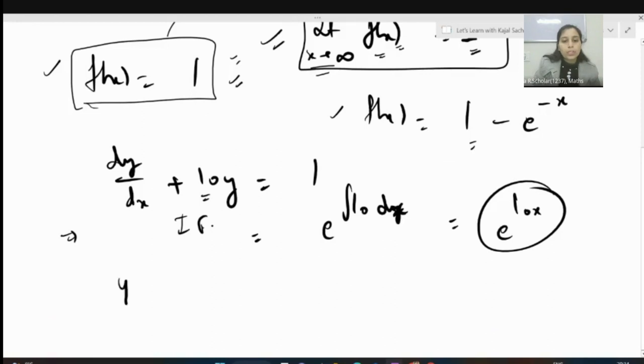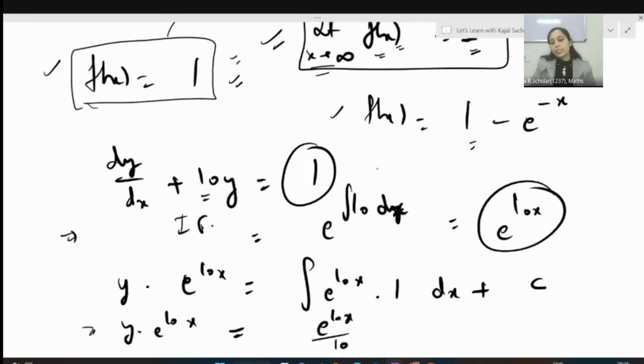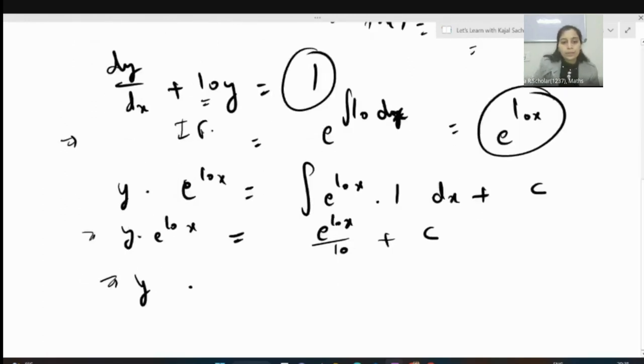Now the solution is y times the integrating factor equal to integral of integrating factor times q, that is 1 dx, plus c. This gives e raised to power 10x upon 10, integration of e^10x, plus c. Dividing by e^10x, we get 1 upon 10 plus c e raised to power minus 10x.